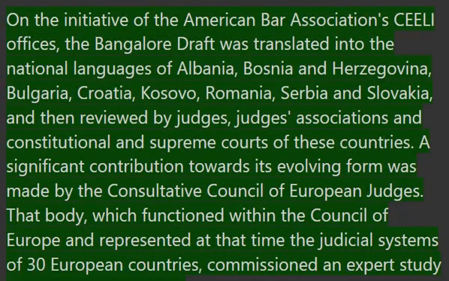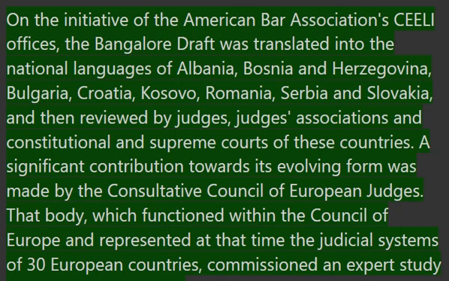On the initiative of the American Bar Association's Keeley offices, the Bangalore draft was translated into the national languages of Albania, Bosnia and Herzegovina, Bulgaria, Croatia, Kosovo, Romania, Serbia and Slovakia, and then reviewed by judges associations and constitutional and supreme courts of these countries.